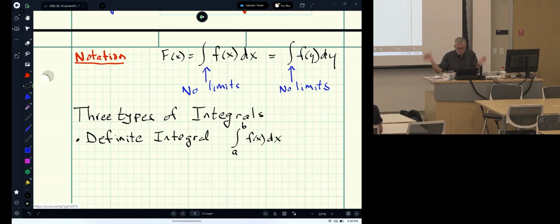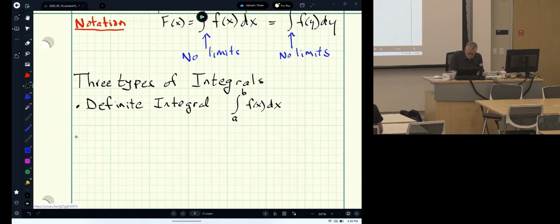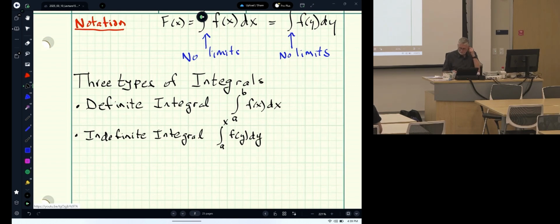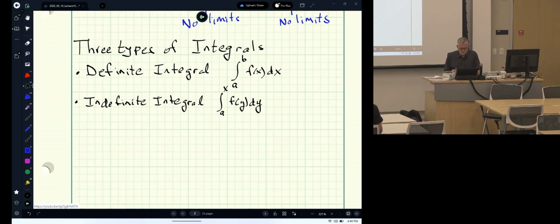And so that produces a number. We have indefinite integrals. So we put a variable in the limits. And this produces a function because we vary x, the area under the interval from a to x varies.